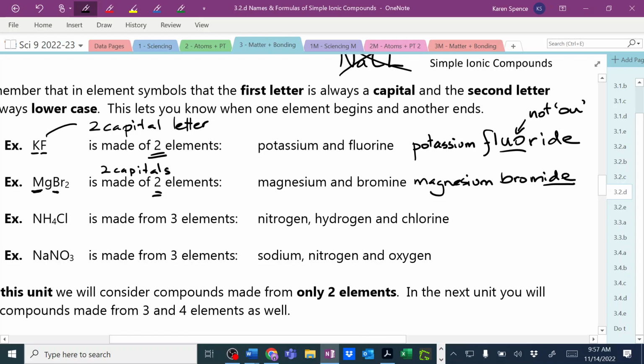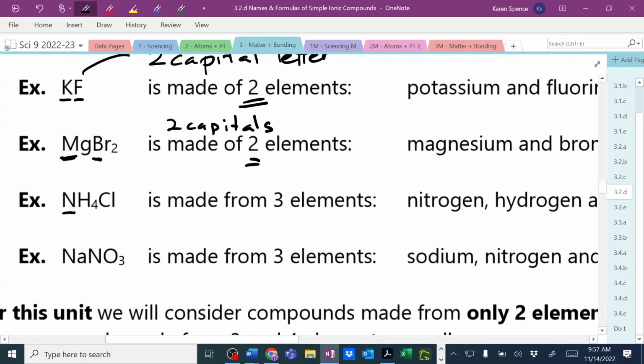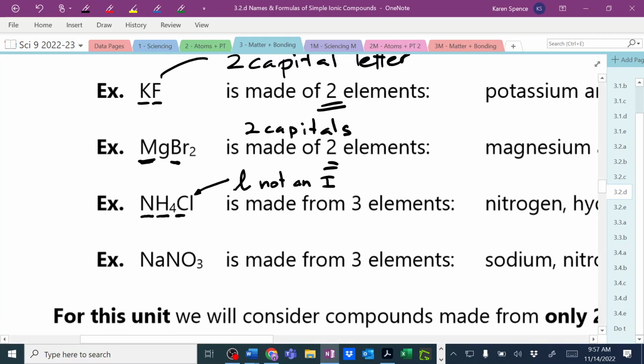The next one, how many capital letters in this next compound here? 1, 2, 3. And I want you to notice that letter right there is an L. It's an L, not an I. I've very carefully chosen a font where ones and L's and I's all look different.